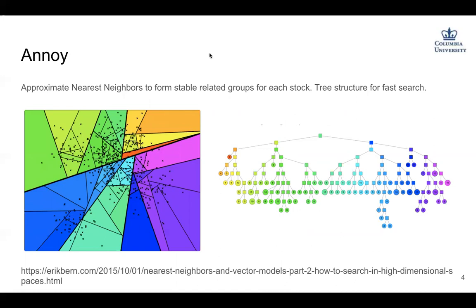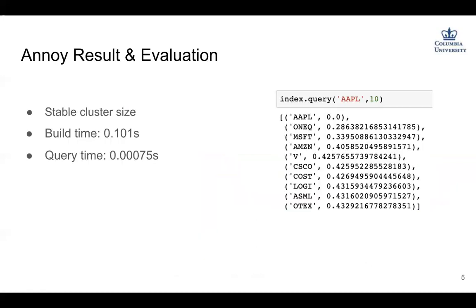Then it will rank all the points in the target shard and the neighbor shards to get the most related points. After we built our ANNOY index, we did some evaluation. ANNOY always gives us a stable number of stocks in a group. And also the building time is 0.1 seconds with almost instantaneous query time.